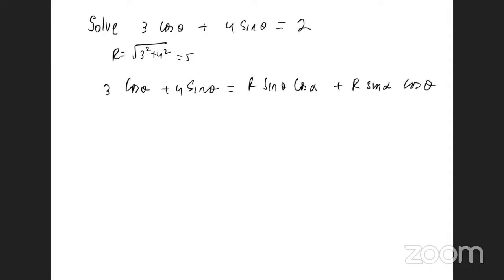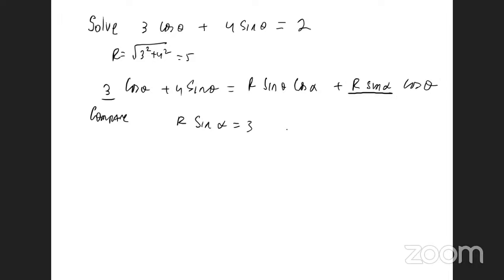So as we said, when we compare, whatever in front of cos theta is r sine alpha. So that's 3. R sine alpha was 3. You'll see that? So it was a little bit different. It wasn't this value here, right? Okay, it's whatever in front of cos.